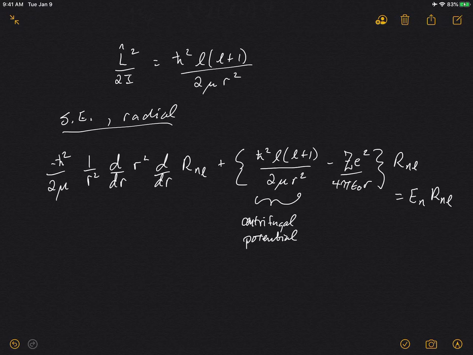So it acts like a potential, and we can think about it as the energy associated with something spinning when you try to reduce r, like an ice skater in a spin who brings their arms in. It requires some work, some energy, to bring your arms in. You're overcoming that centrifugal force.